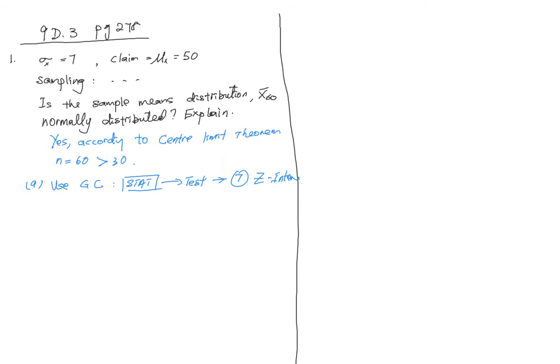Okay. So the input you choose Stats. The standard deviation is 7. The mean that they have collected is 49.1. The n is 60.